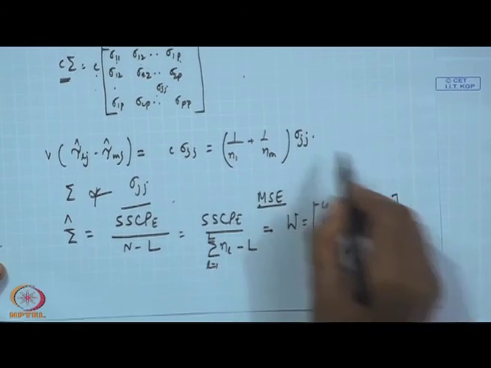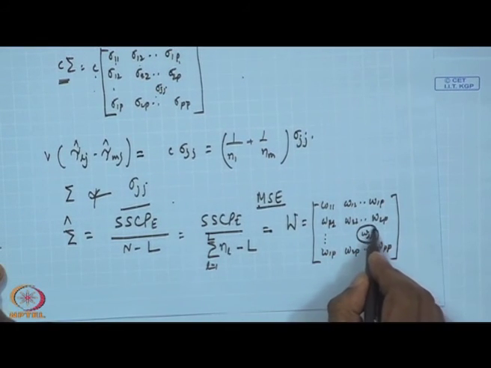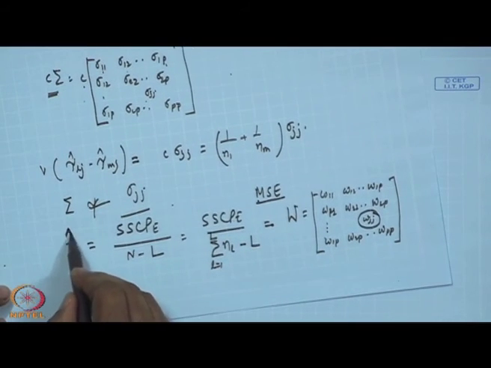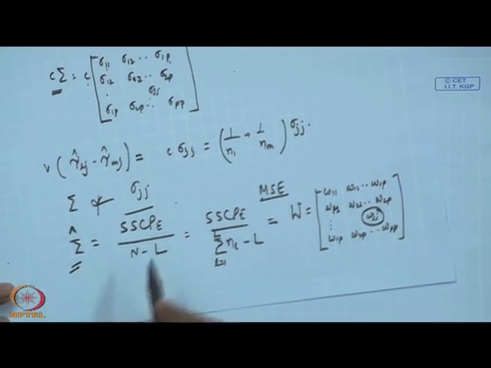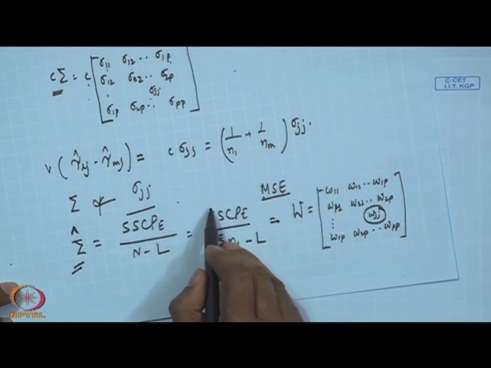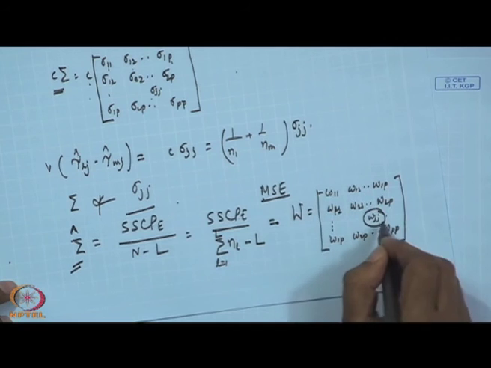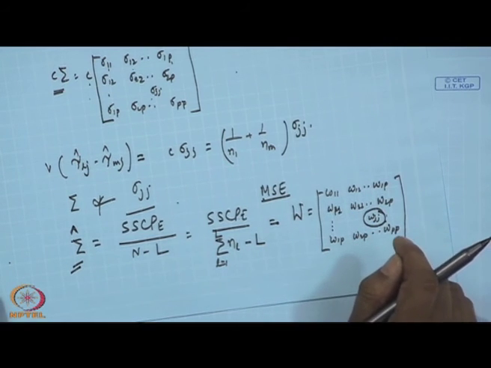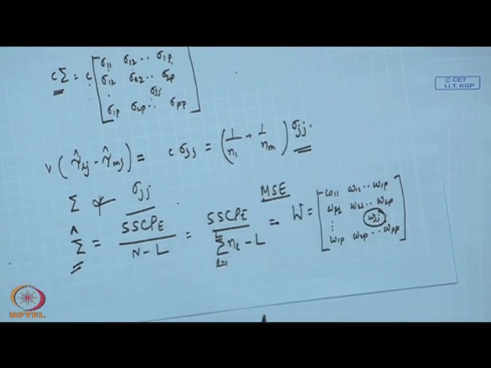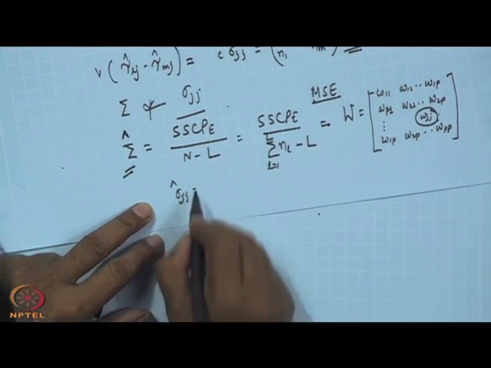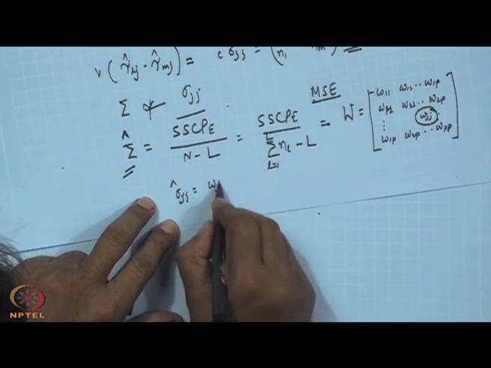This Wjj will be the estimate of sigma jj, so we can say sigma jj cap equals Wjj.